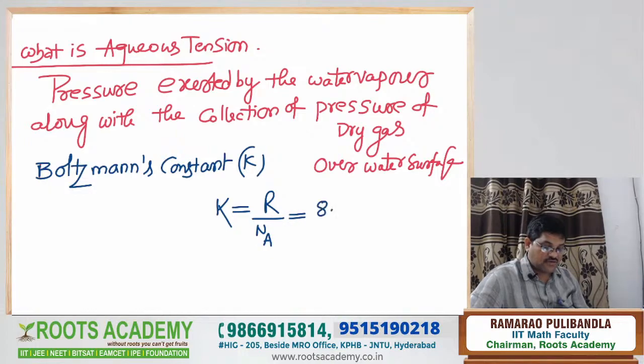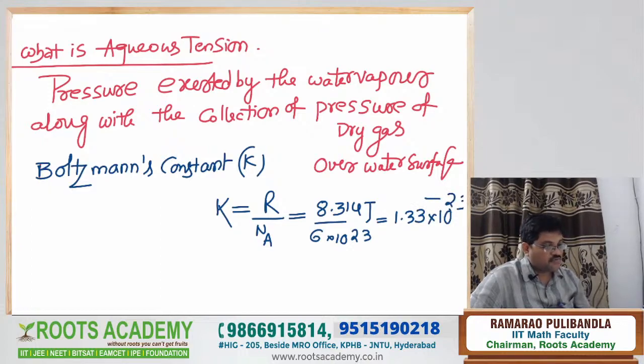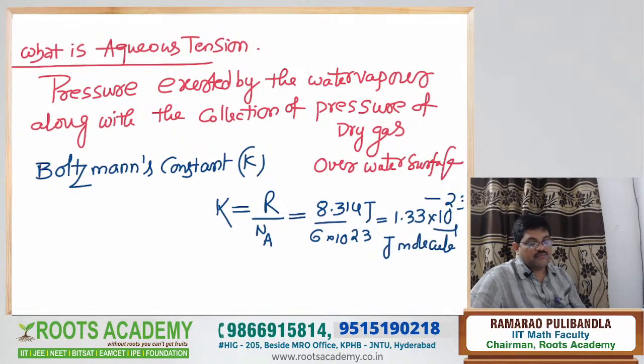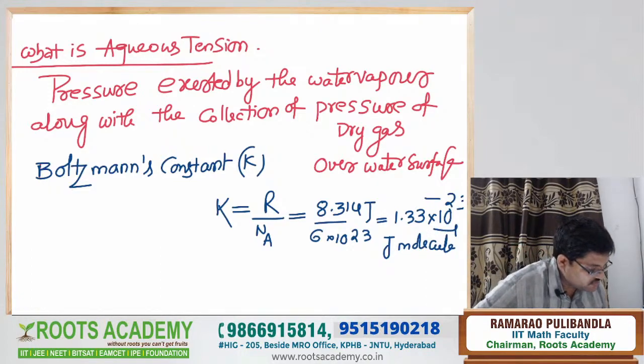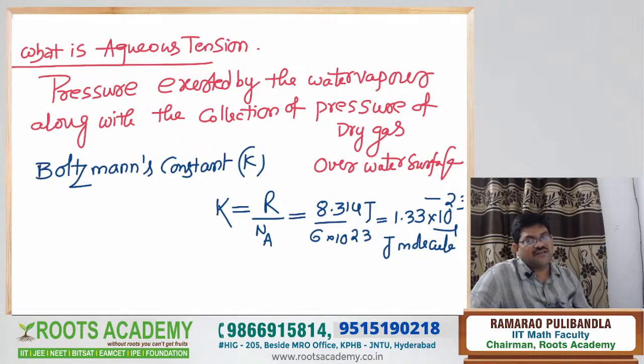The universal gas constant is 8.314 joules, divided by Avogadro number, 6 into 10 power 23. Simplified, you get 1.33 into 10 power minus 23 joule per molecule. Simple logic, no confusion. That is called Boltzmann's constant.